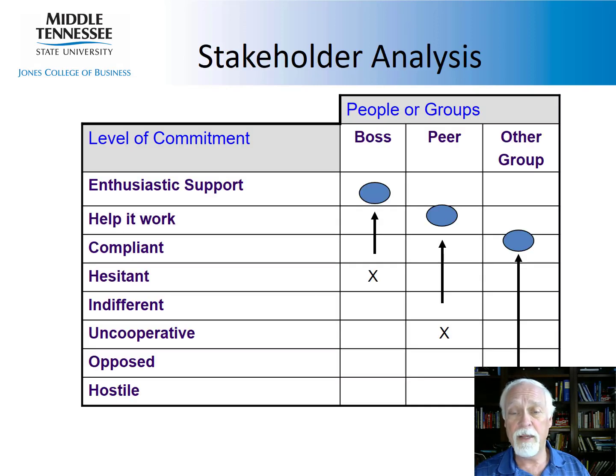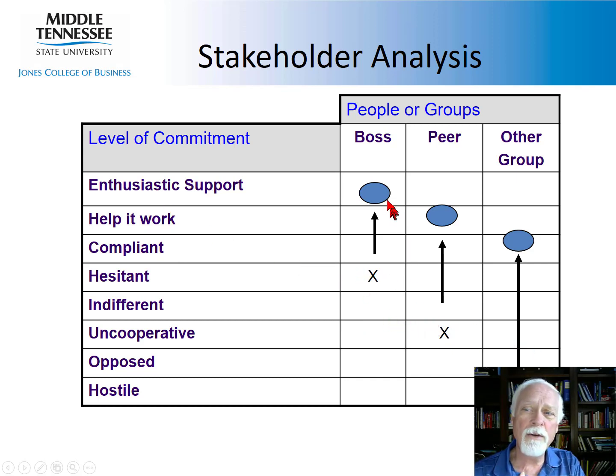Now this is unusual, you probably have never seen this particular tool called a stakeholder analysis. Essentially it's a current state and future state analysis of people or groups, sort of a political analysis, if you will. What level of commitment do they have now?